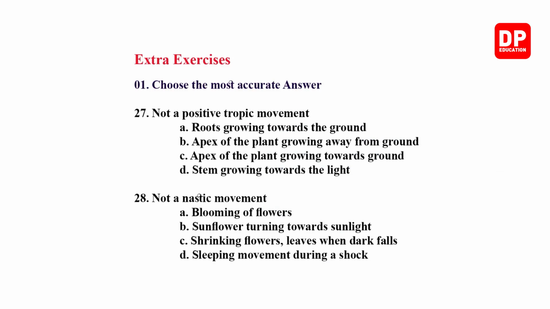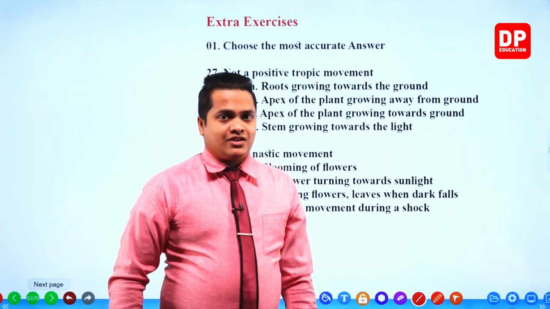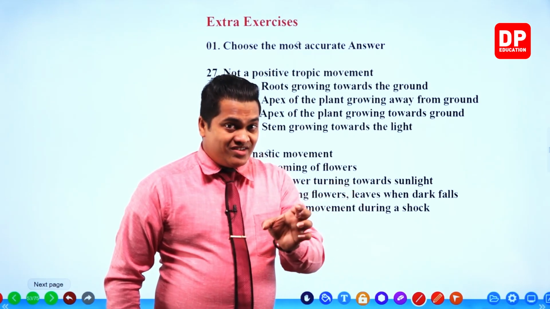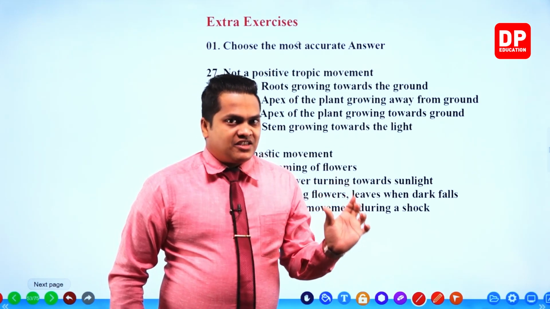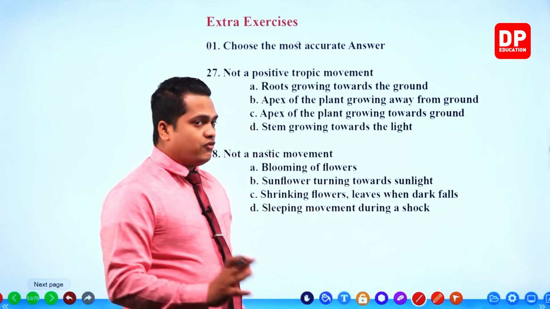Next one. Not a positive trophic movement. If it is positive, then always, my dear children, there should be this term. Which one? Towards. If it is positive, then there should be towards. So let's go for the away one.